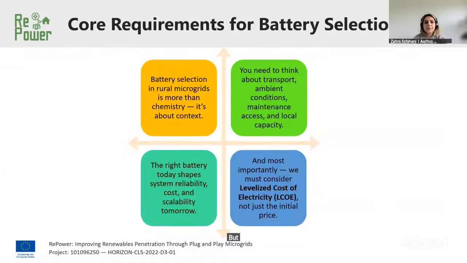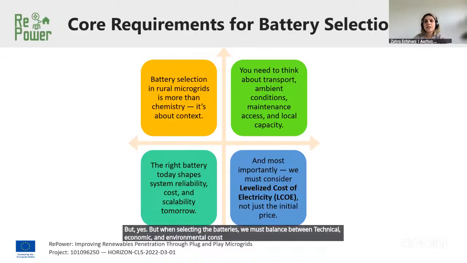But when selecting the batteries, we must balance technical, economic, and environmental constraints. So these are 3 main aspects that we need to take care of when selecting a battery, either a different chemistry or even the battery operation.